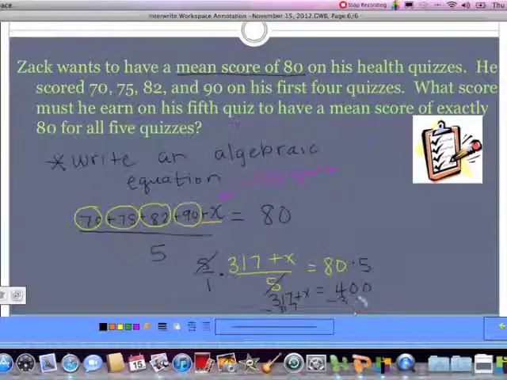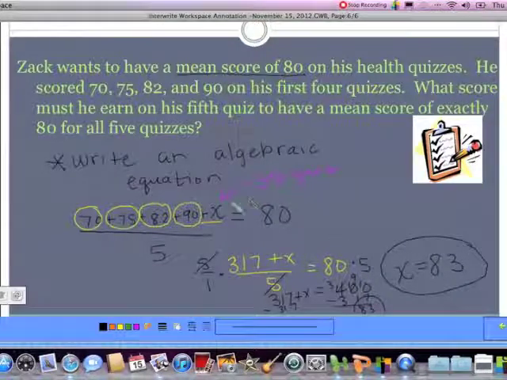So we'll subtract 317 over here. And you can see that the answer is 83. X equals 83. Zach needs to score an 83 on this 5th quiz in order to get an 80 for an average.